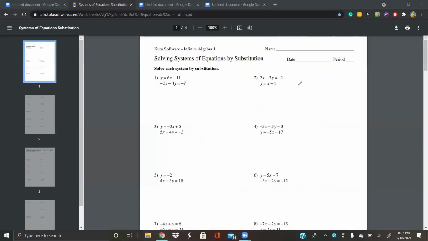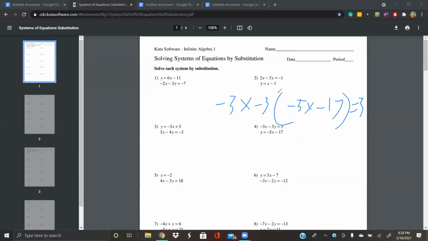What we will do first is, they already gave us a slope intercept and a standard form equation, so we already have one step done. We're going to do what we did last time and combine the equations. So negative 3x minus 3, and then in parentheses the slope intercept equation, negative 5x minus 17, equals 3.